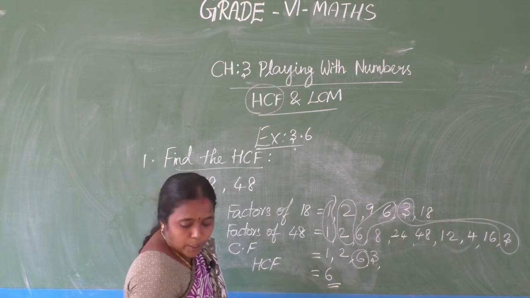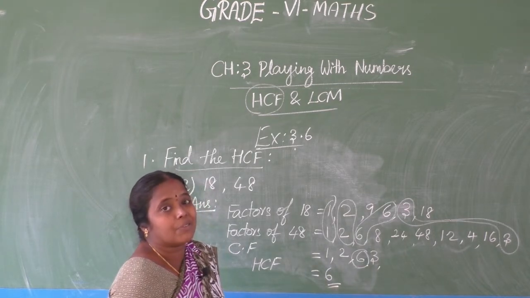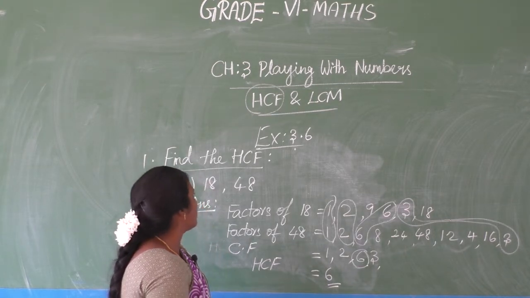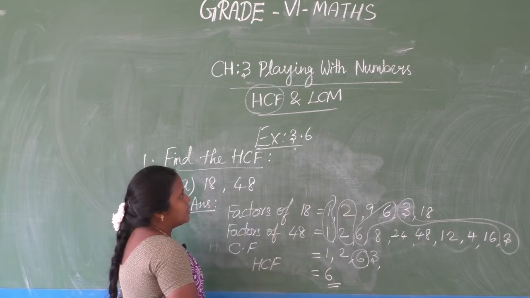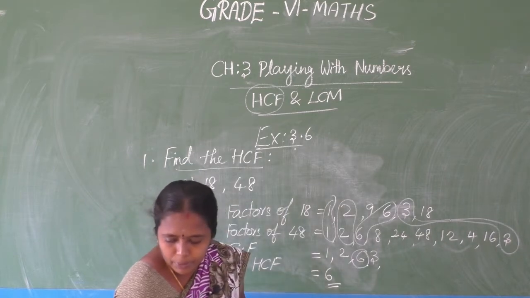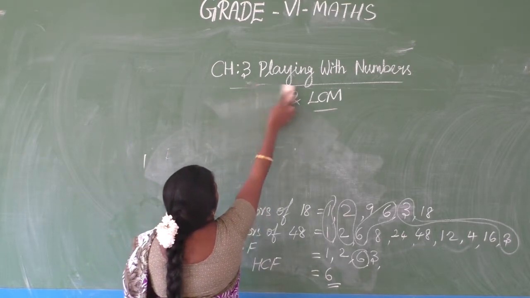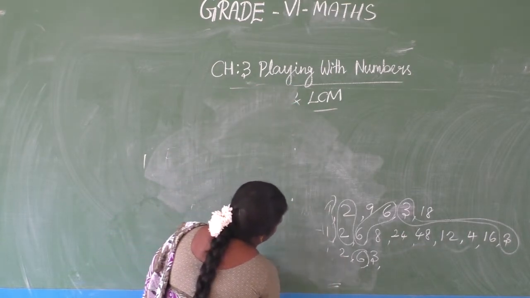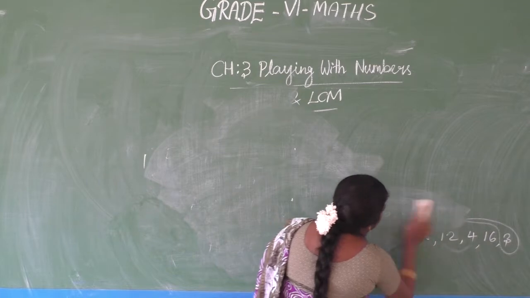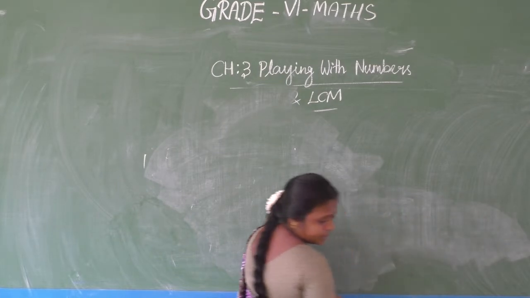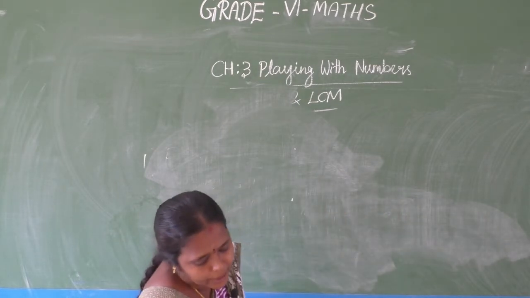One more method is prime factorization, by which we can find the HCF of 18 and 48.